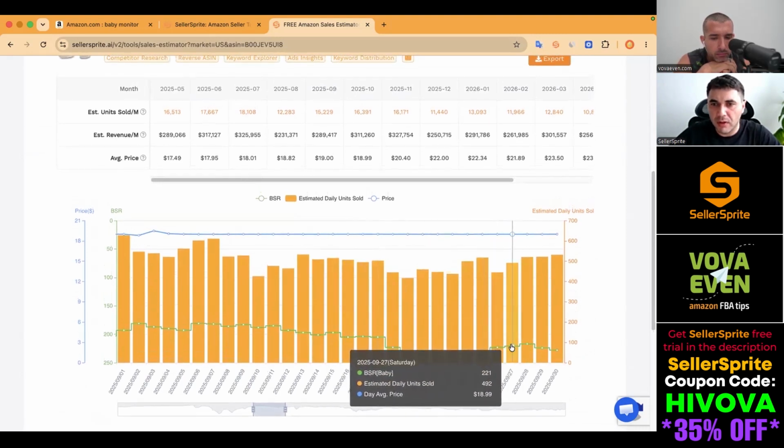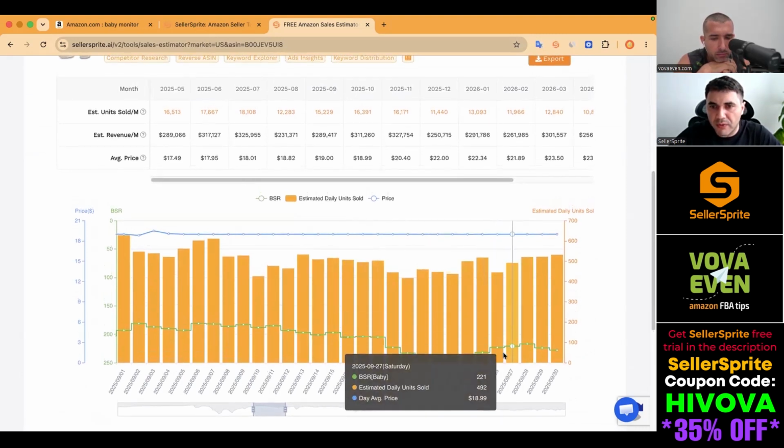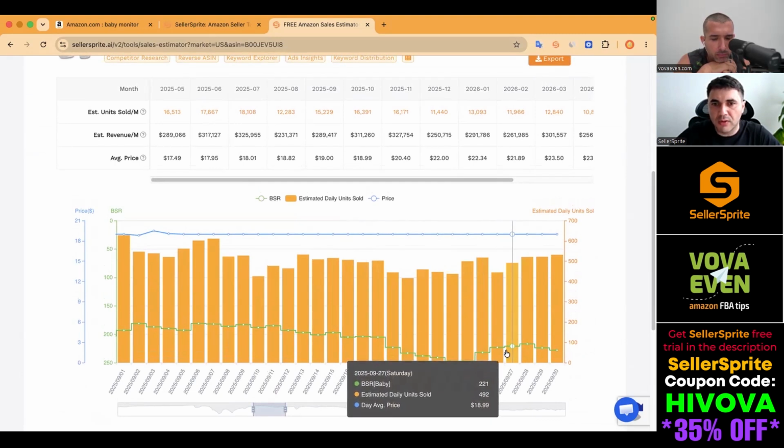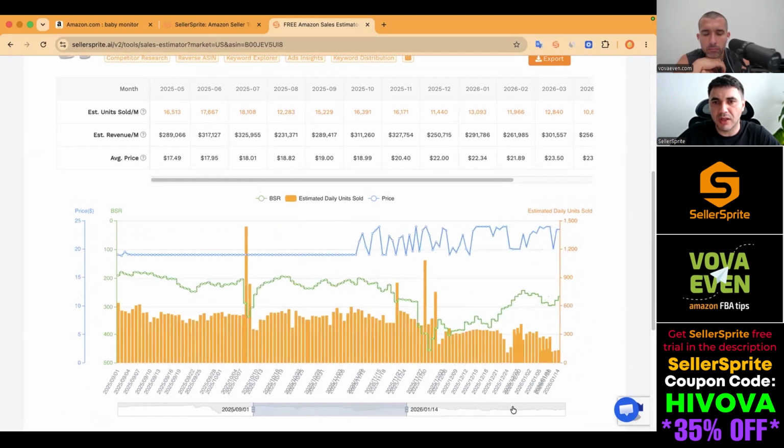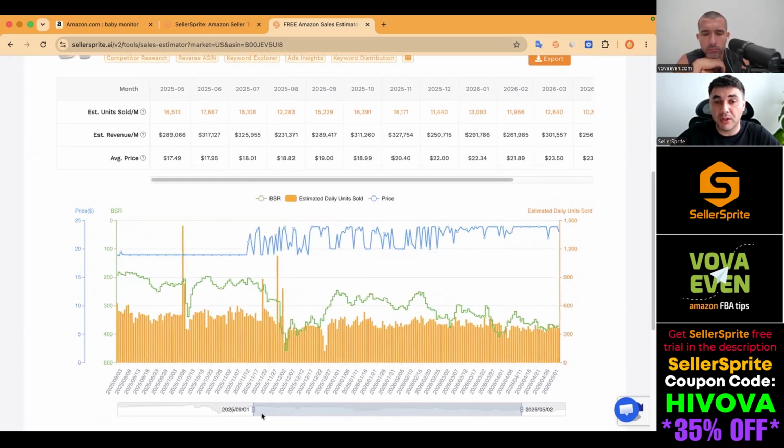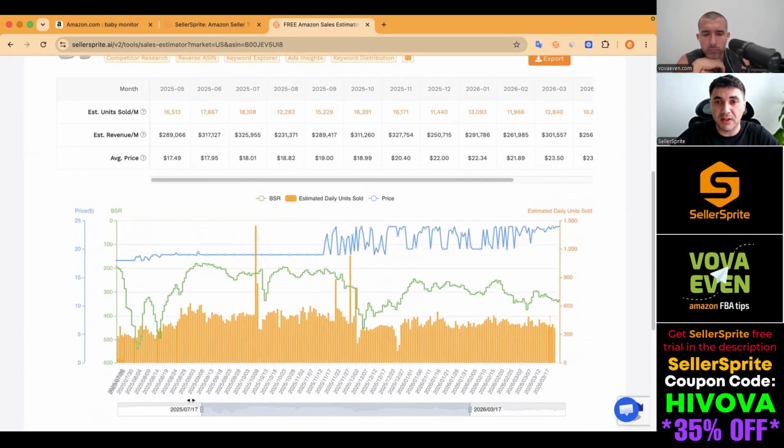For example, on 2025, September 27, they sold 492 units, and at that time its BSR was 221. You can even see daily sales, how many units sold. It's very important if you are checking something like a seasonal product.